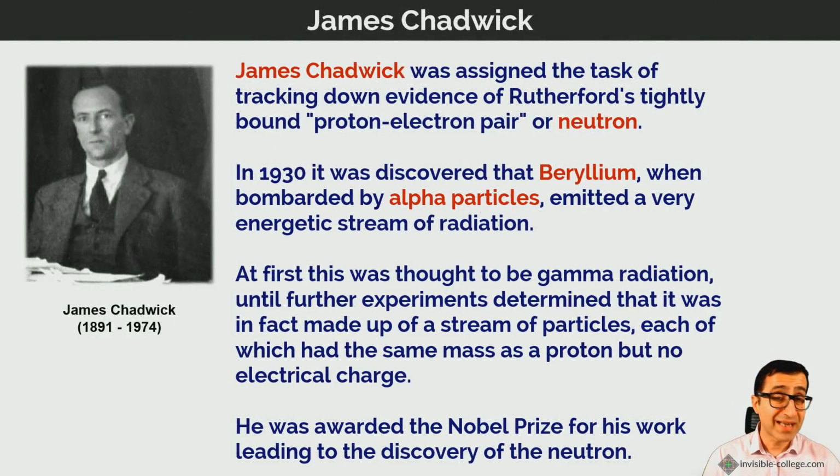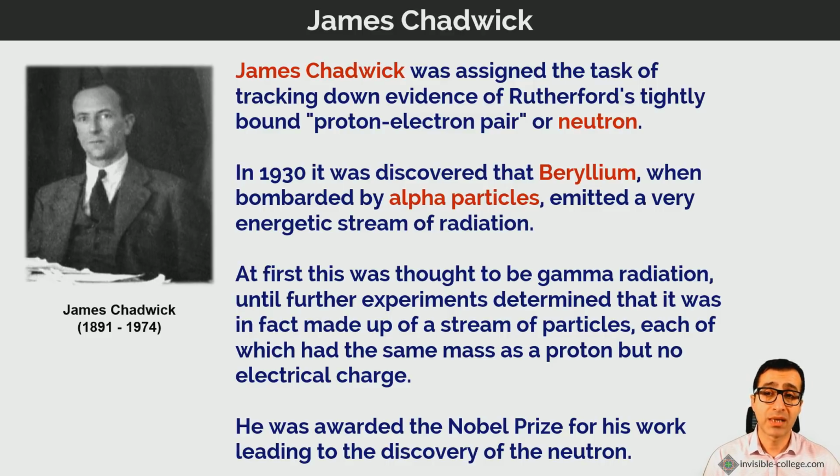Rutherford predicted the existence of what he called proton-neutron pairs, or rather proton-electron pairs, because he didn't really coin the term neutron. But these neutral particles in the nucleus weren't shown to exist until James Chadwick came along and did a series of experiments involving beryllium.